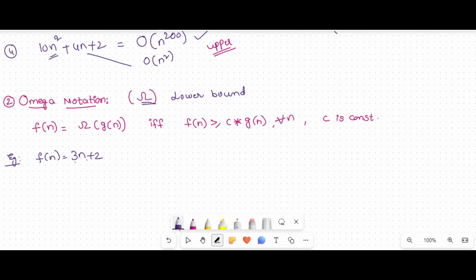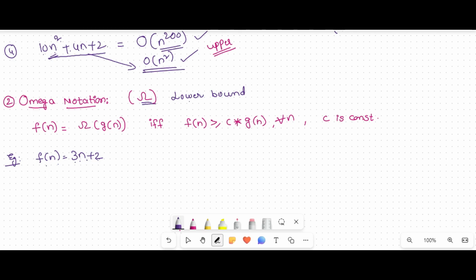Earlier we asked what is the upper bound for 10n square plus 4n plus 2. The upper bound is order of n square. Of course, higher ones are also correct, but we have taken the closest one. Similarly, for the function f of n equal to 3n plus 2, what is the lower bound?